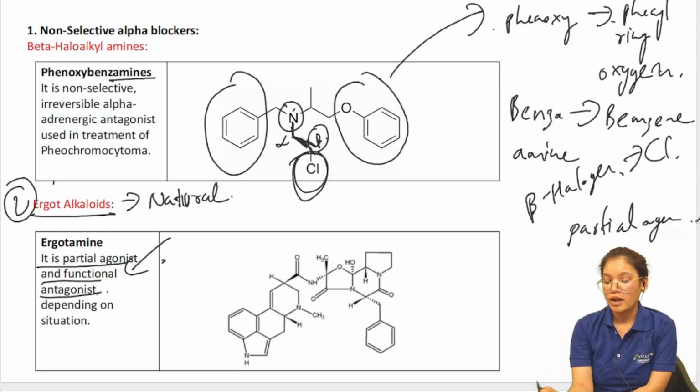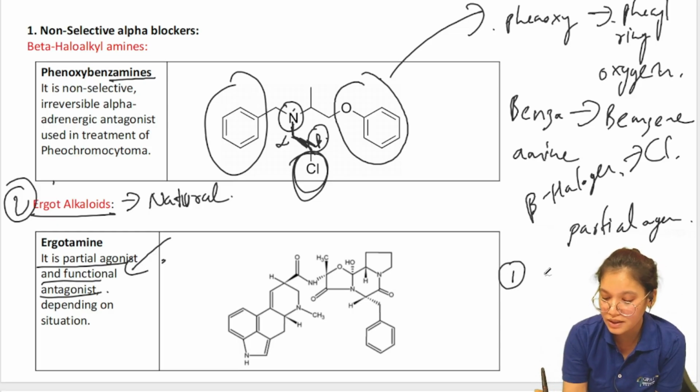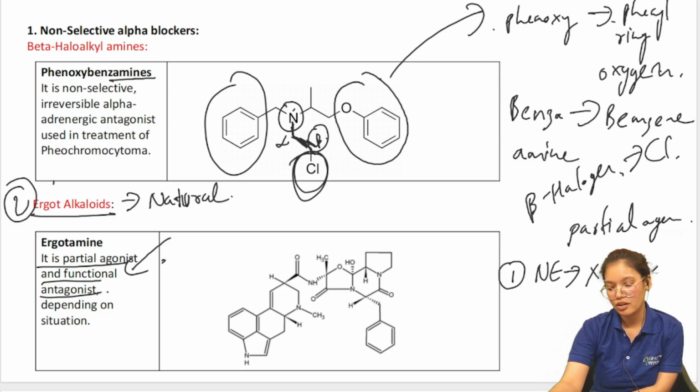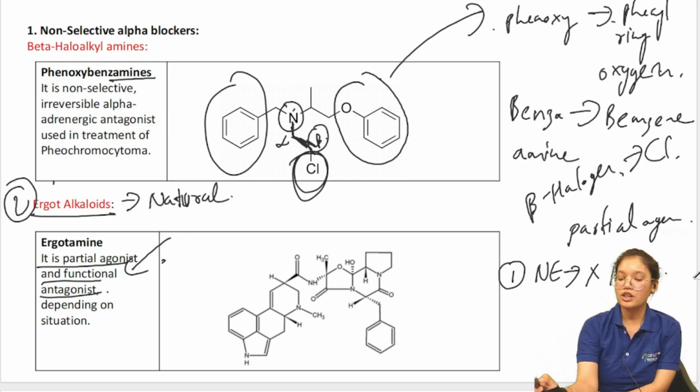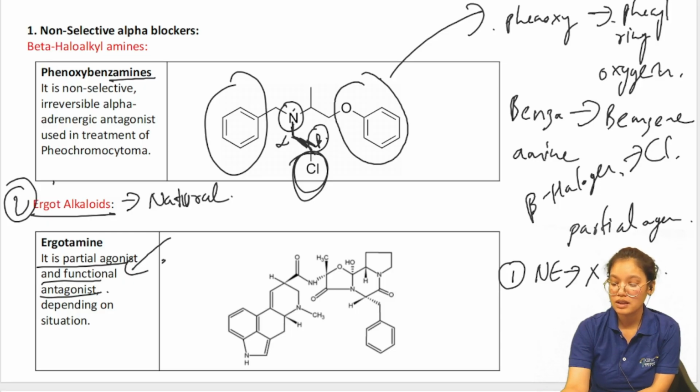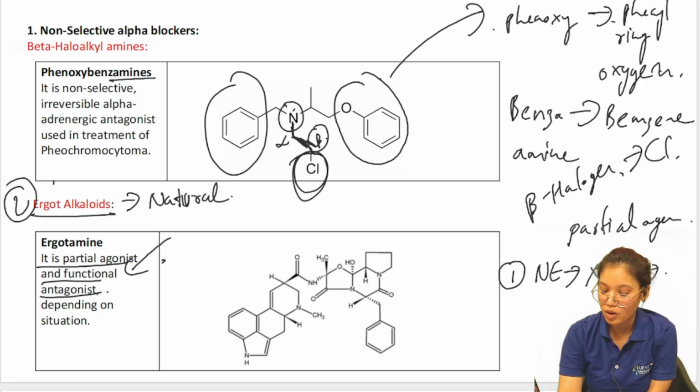Whenever norepinephrine is not present, or it is present in a very low amount, under this particular condition, ergotamine acts as a partial agonist. Partial agonist means it causes a very mild vasoconstriction.